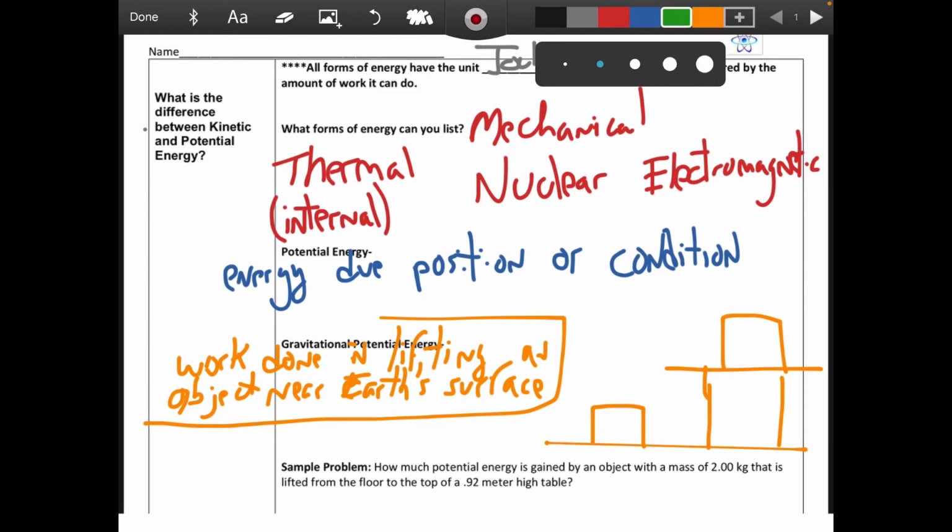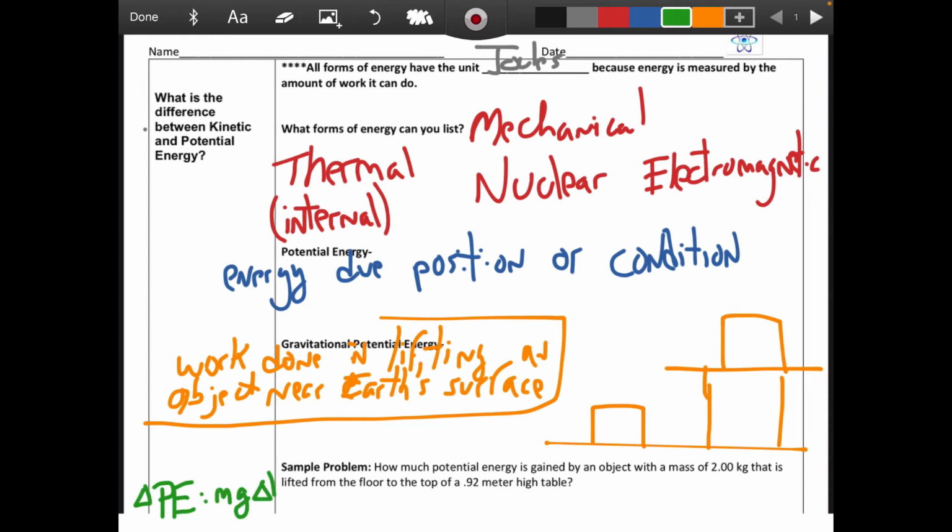So your formula for gravitational potential energy is PE, and you'll see it as the change in PE equals mg times the change in height. So for this sample problem, how much energy is gained by an object with a mass of 2 kilograms that is lifted up from the floor to the top of a 0.92 meter high table? We got potential energy. Make sure you write your formula first.